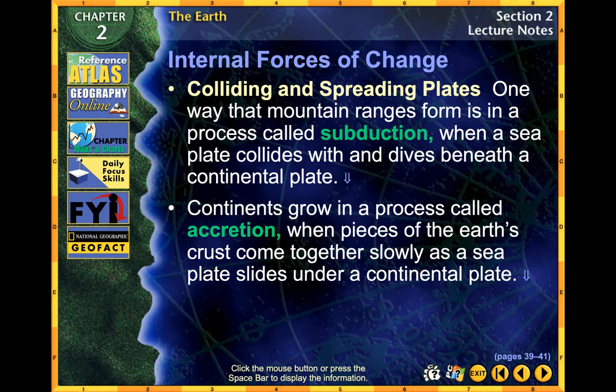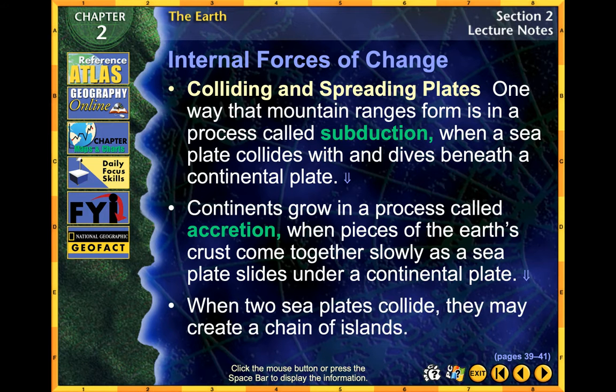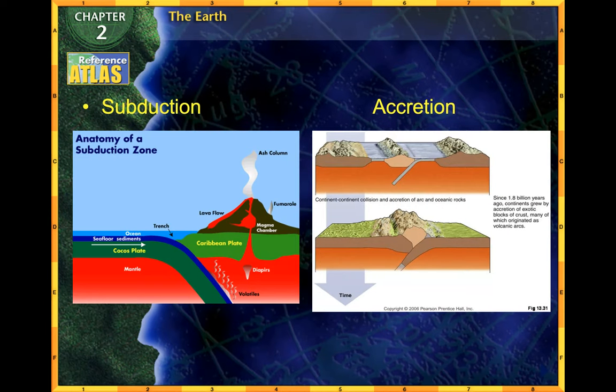Continents also grow in a process called accretion, which is when the pieces of the Earth's crust come together slowly as a sea plate slides under a continental plate. So when the sea plate slides under, the continent gets bigger. And when two sea plates collide, they also may create a chain of islands. So, some of these chains of islands that you'd find in the Pacific are where plates are colliding, especially along what's known as the Ring of Fire.